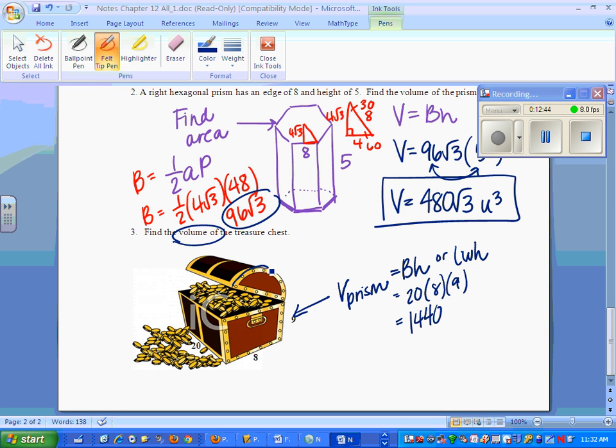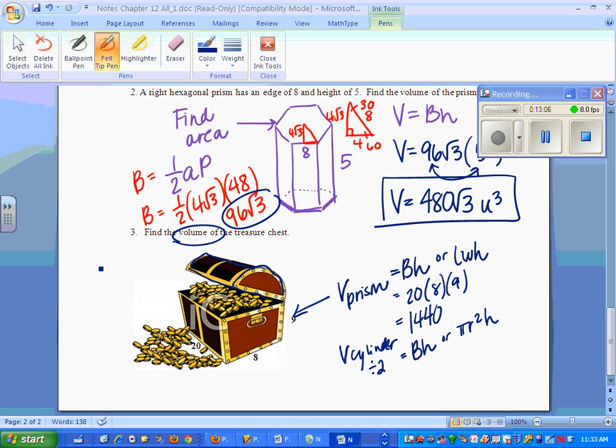Also, you notice that this is actually a cylinder, but it's half of a cylinder. So we're going to get the volume of a cylinder, and then divide that by 2. Okay, so the volume of a cylinder is again base times height. However, our base is going to be pi r squared times the height.